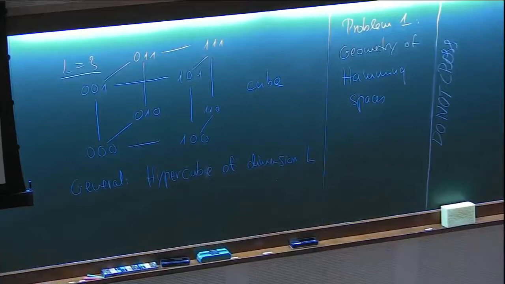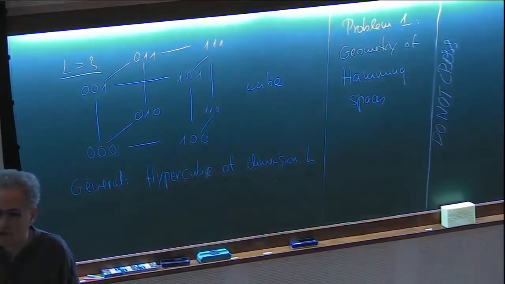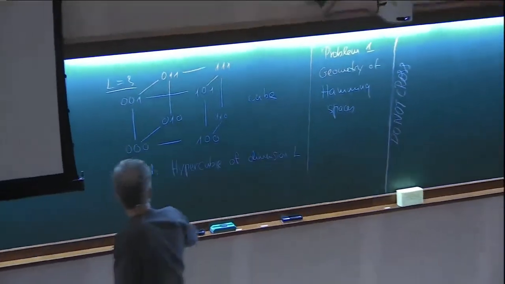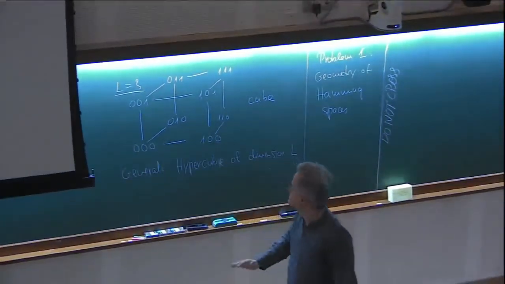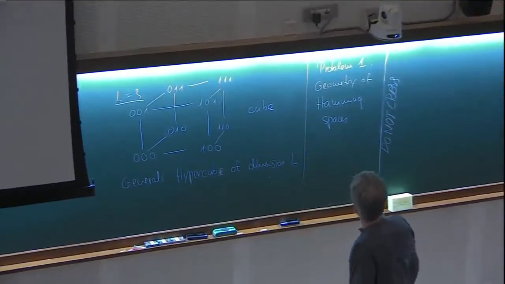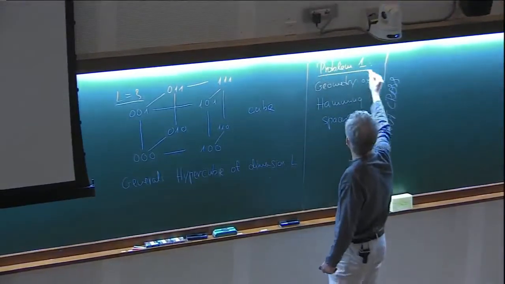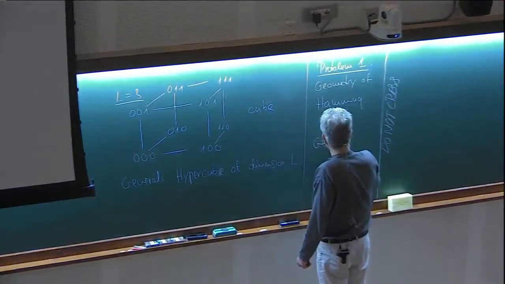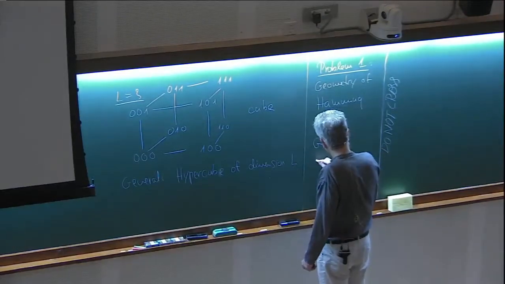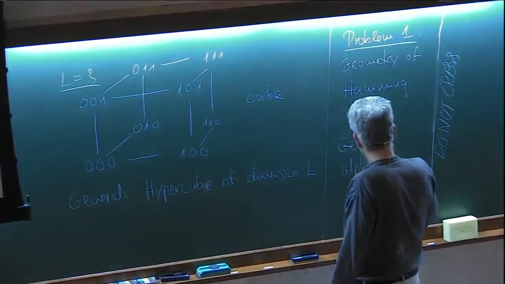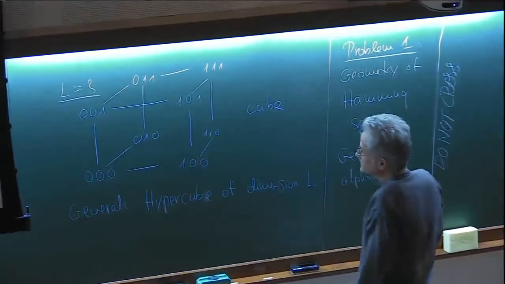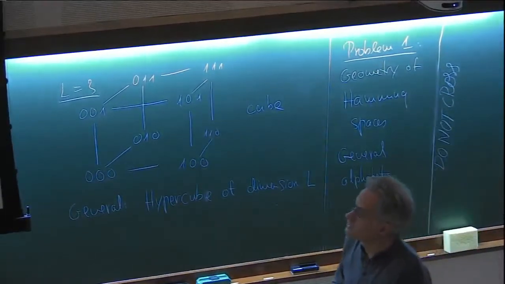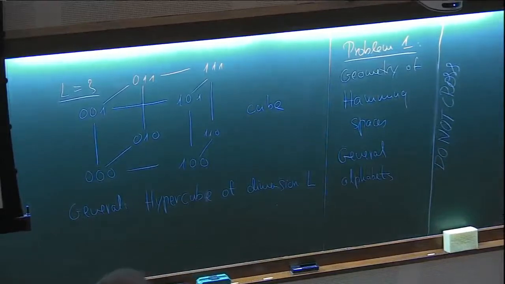In principle, you can generalize this concept to sequences that have entries from alphabets larger than 2, and these things are then still called Hamming spaces. In this problem, I'm asking for some properties also for general alphabets. But for today, we'll be mostly talking about the binary case.